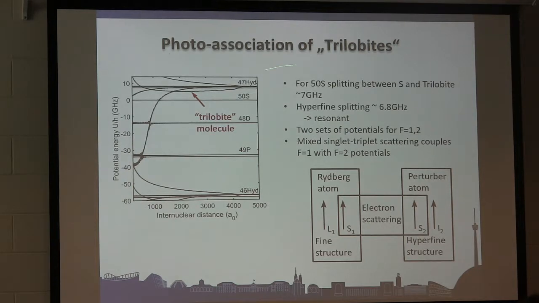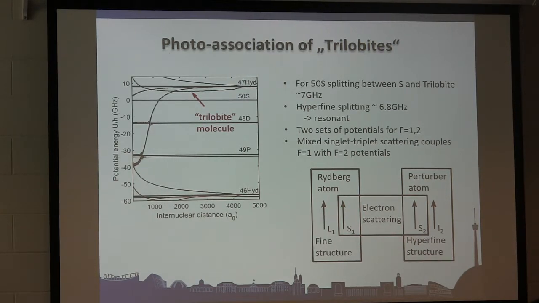And as the precession frequency of this nuclear spin gets so close to the splitting between these two lines, we can actually induce some coupling via this nuclear spin orbit coupling.